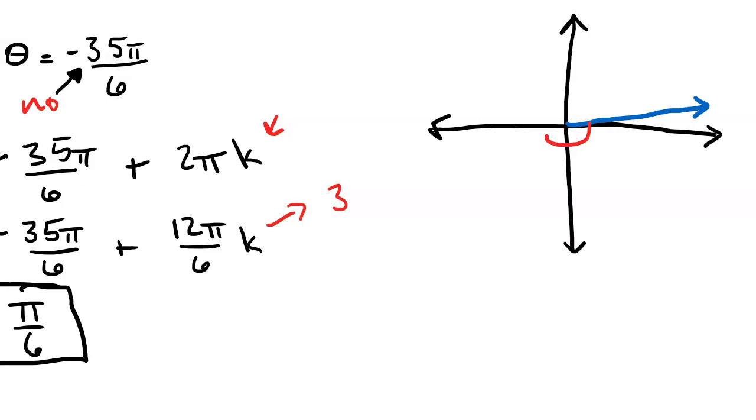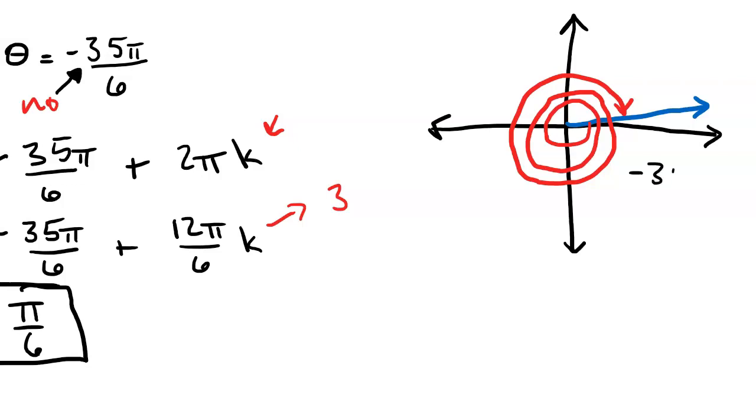Since k is 3, that means it'll make 3 full rotations. So we pass this arrow line 3 times. That's 1 full rotation, 2 full rotations, and then 3 rotations. Is that correct? Yeah. So this right here is going to be our negative 35 pi over 6 angle. That's how you tackle one of these problems.